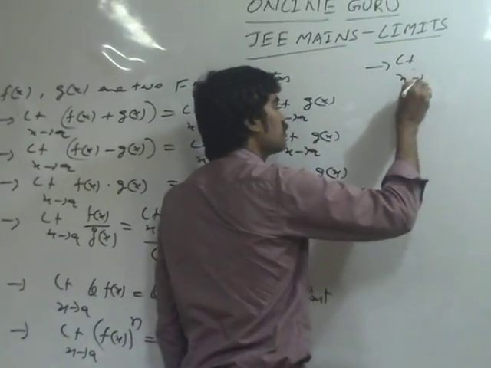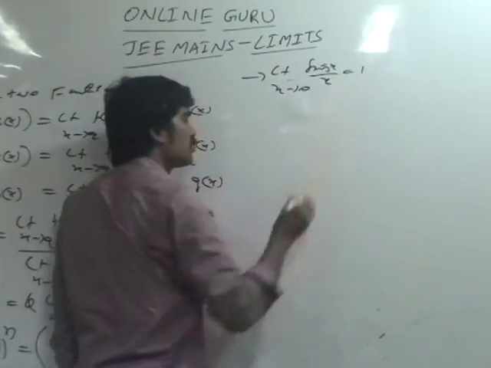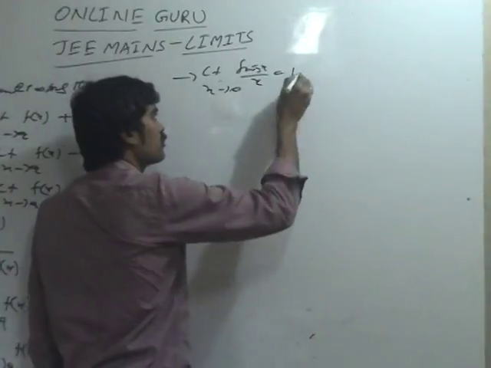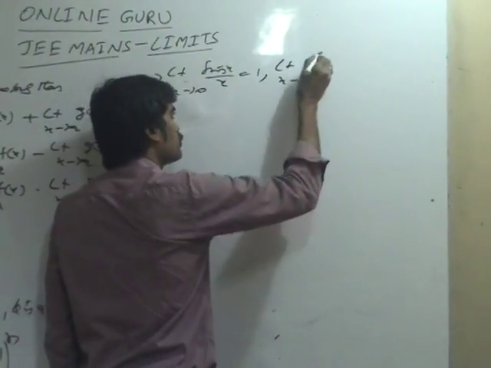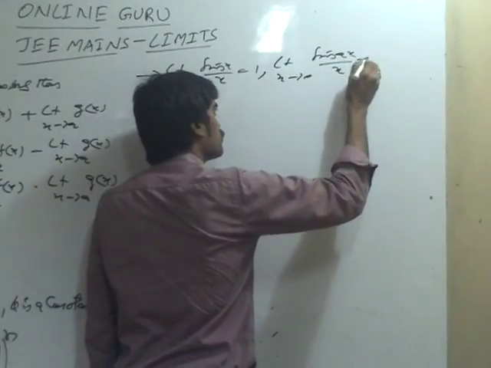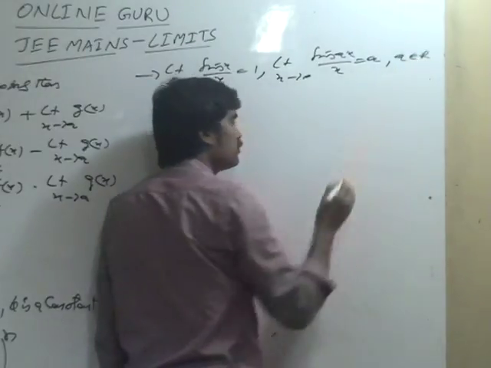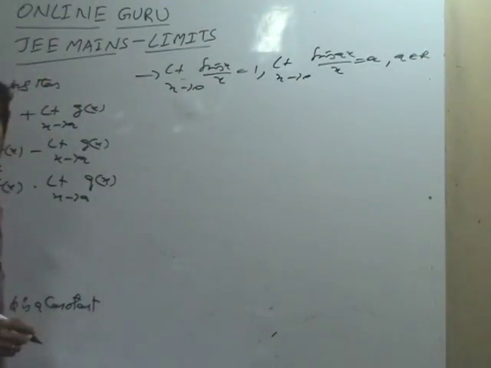Next one is limit x tends to 0 sin x by x equals 1. Limit x tends to 0 sin ax by x equals a, here a belongs to R. Based on these formulas, we will do one problem.